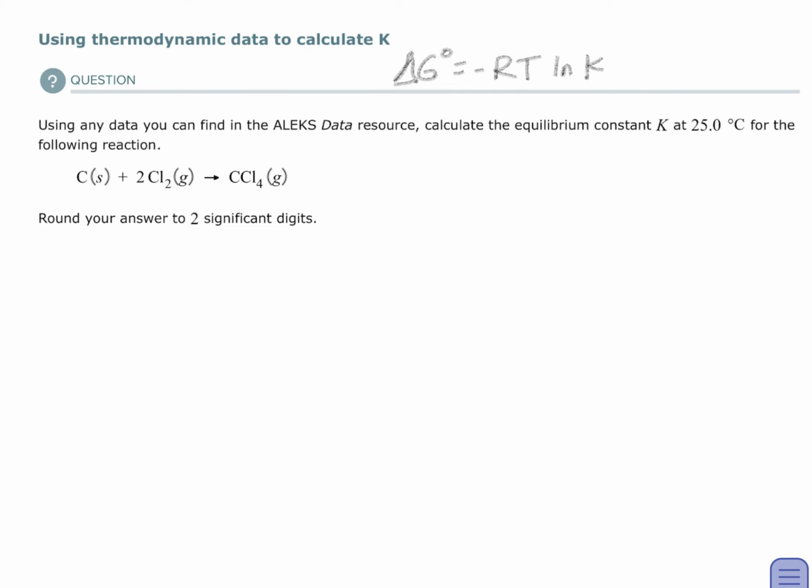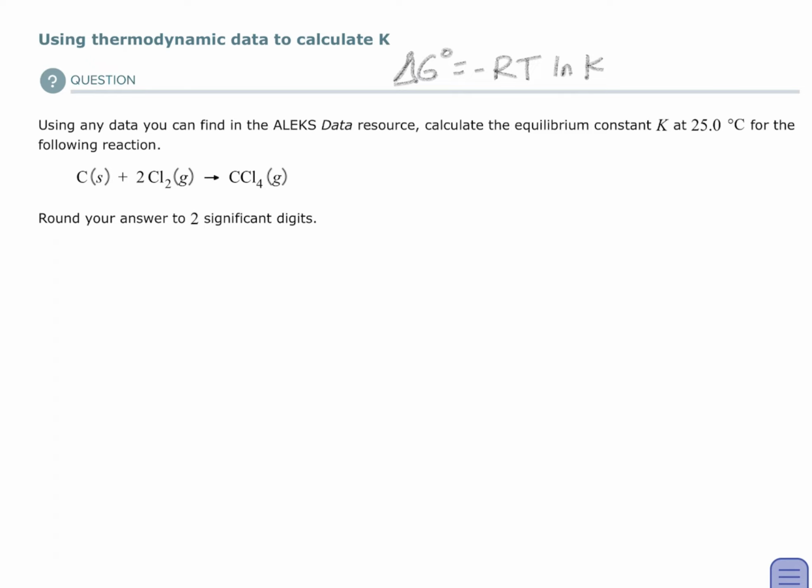So I remember when I first learned how to do K, you do the products minus the reactants, and then you have to relate the amount of moles to it. So if you want to find the energy, you find the formation energy, how much energy it took to form CCl4, and then you realize carbon is like a starting material.